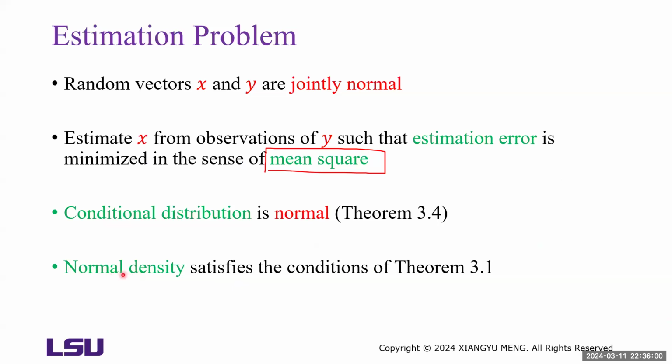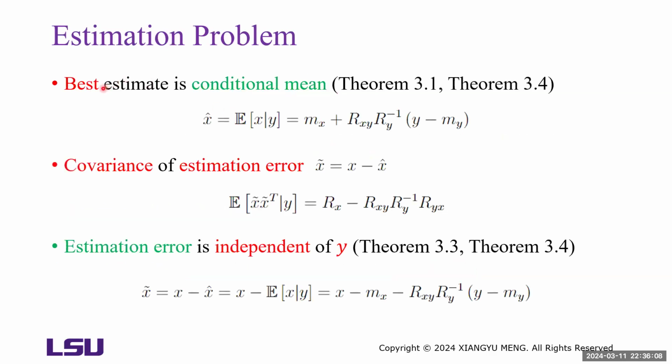So the normal density function satisfies the conditions of theorem 3.1. Let's use x hat to denote the best estimate. We know the best estimate is the conditional mean according to theorem 3.1.